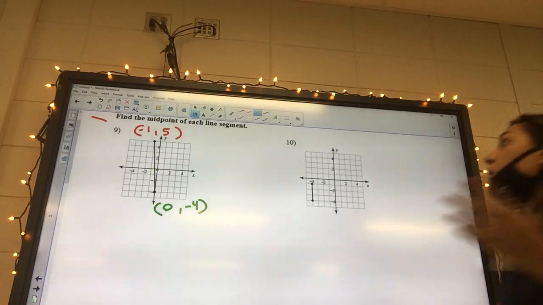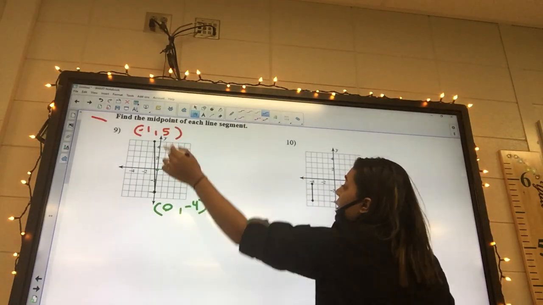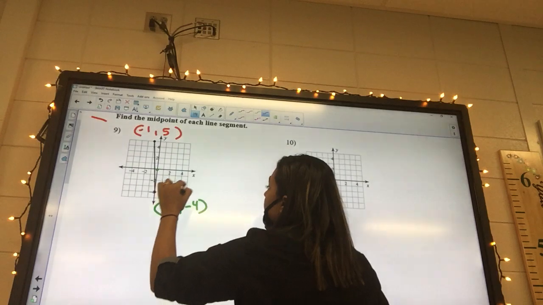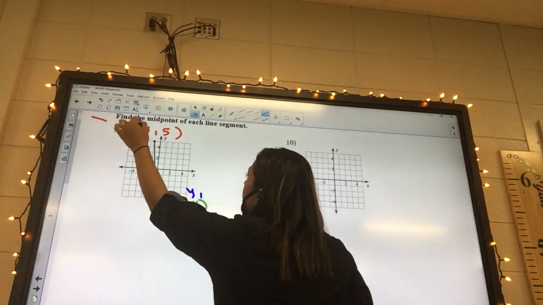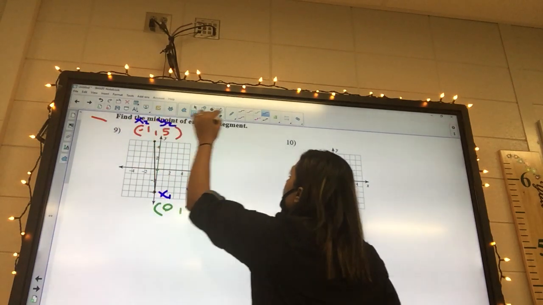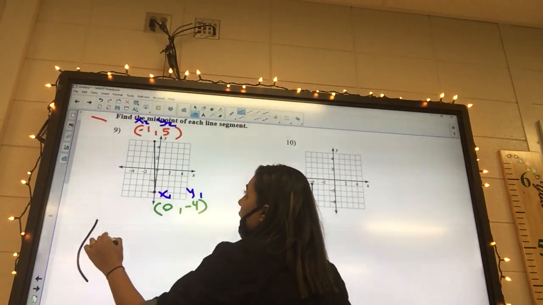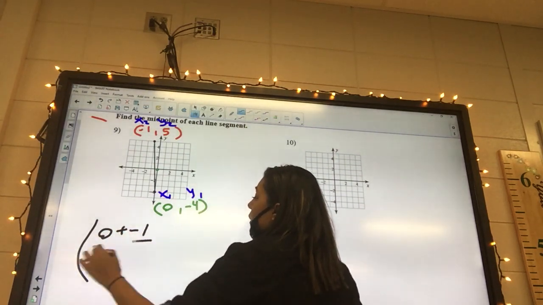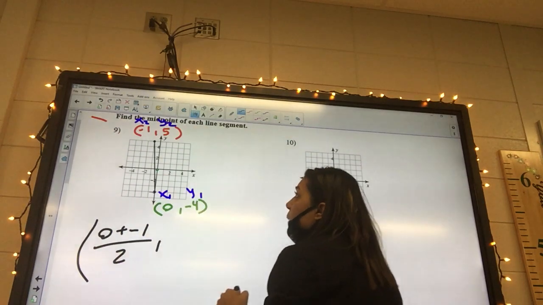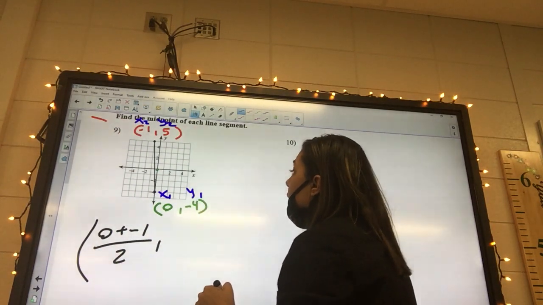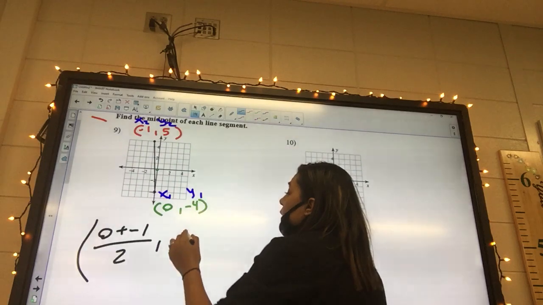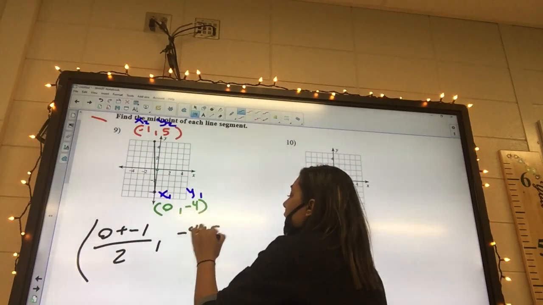Now we're going to label them. It doesn't matter which ones you do. I'm going to say x sub 1, y sub 1, x sub 2, y sub 2. So my first equation should look like 0 plus -1 over 2, and my other one should be -4 plus 5 over 2.